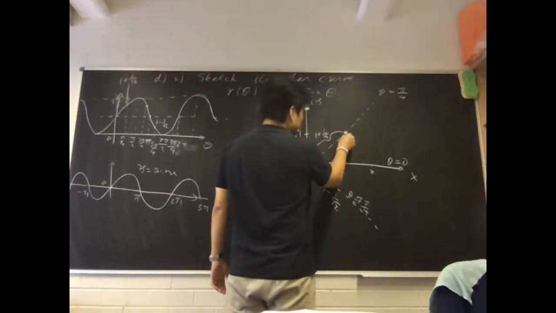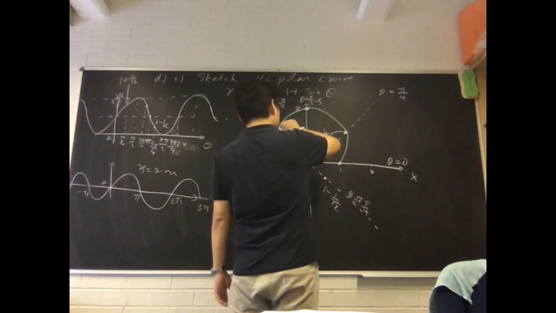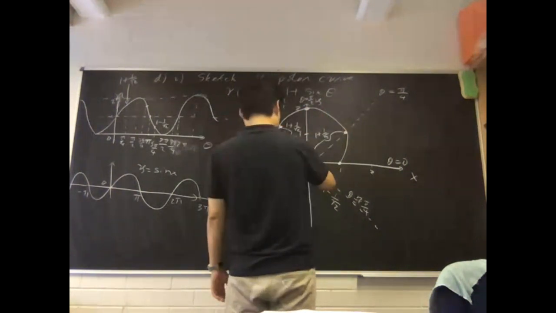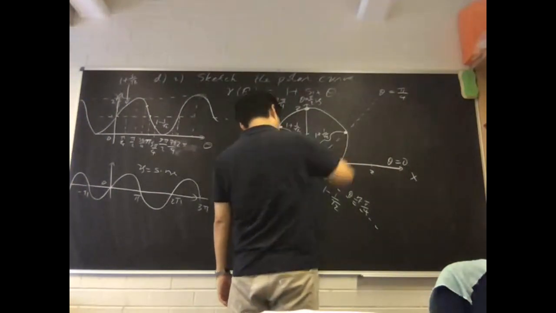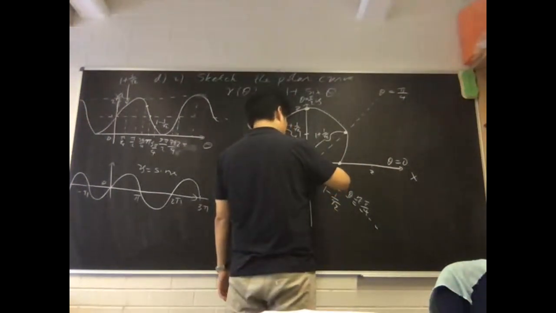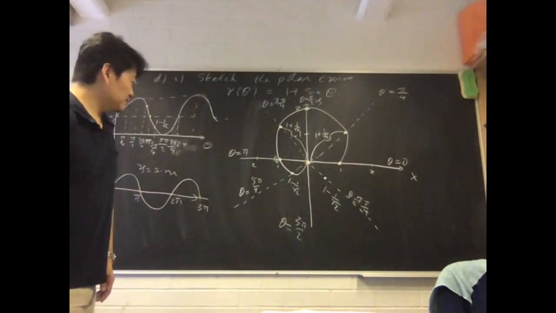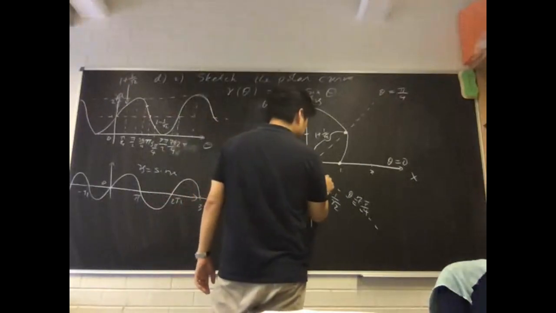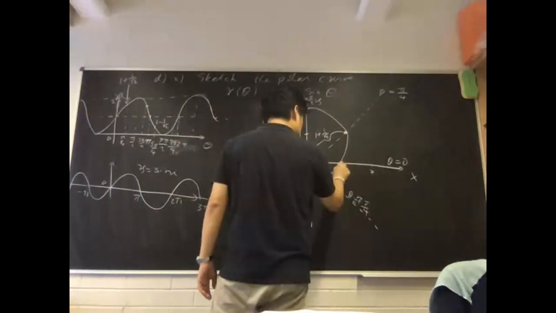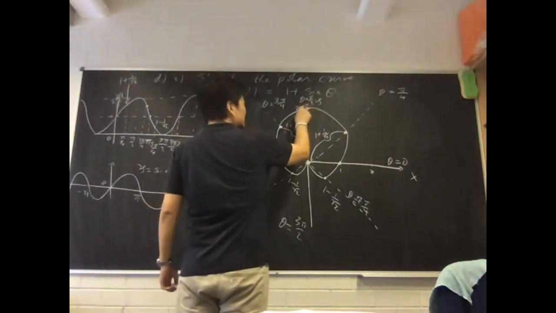All right, so what remains is to connect the dots, if you will. Right, this is a little bit inside. So I need to get back to 0 at 3 pi over 2, and back out. So in fact, I should probably use a different color.